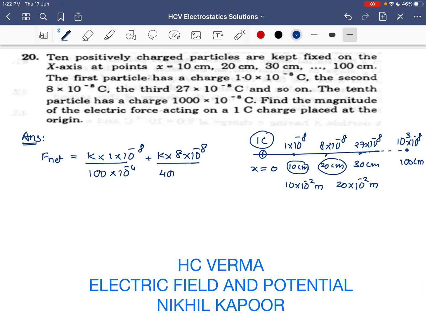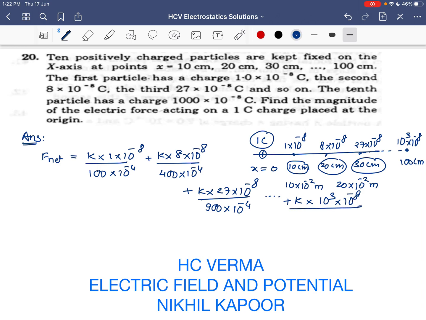On squaring it will be 400 into 10 raised to minus 4, plus again k into 27 into 10 raised to minus 8 divided by 30 centimeter squared. The square of 30 will be 900 into 10 raised to minus 4, and so on, plus finally k into 1000 into 10 to the power minus 8 divided by distance squared.